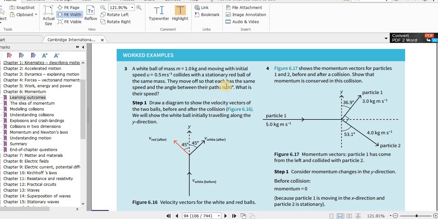So they move off so that each has the same speed. Here the speed is the same, and they are also telling you the angle between the paths is 90 degrees. What is their speed?